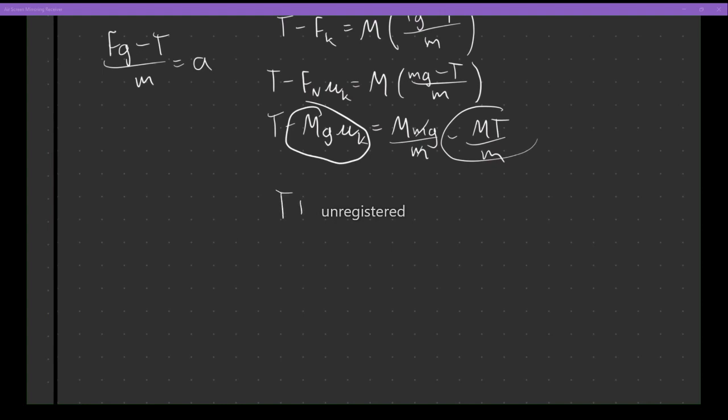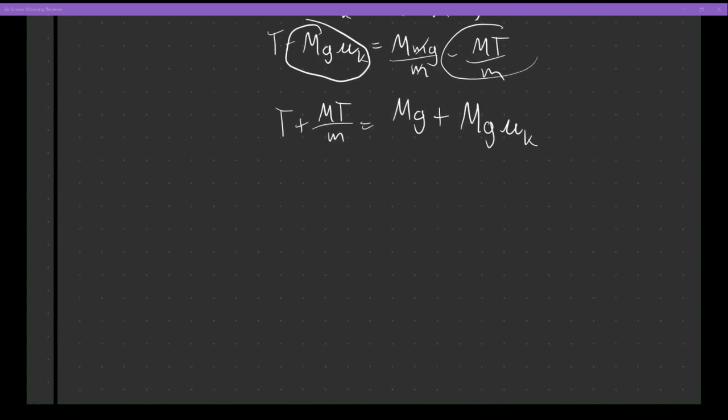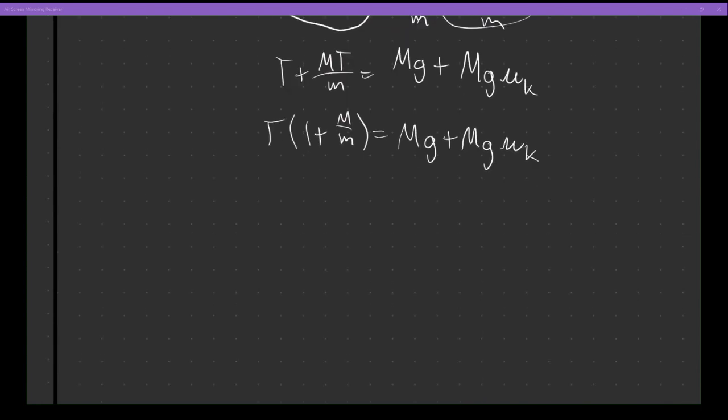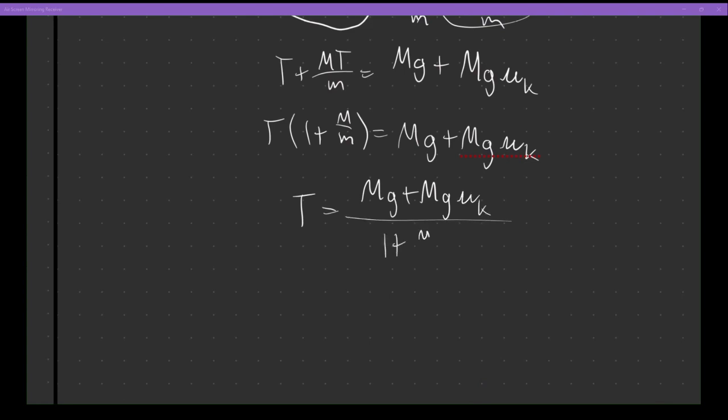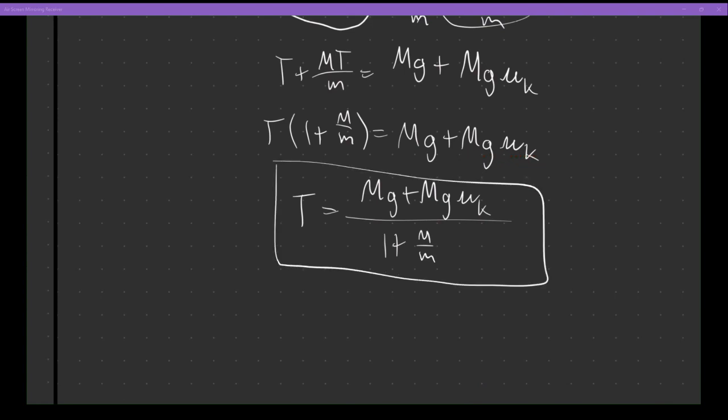So I get T plus big M times T over small m is equal to mg over small m, not M. I'll just get mg plus mg mu K. And then I want to isolate for T, so I'm going to factor out this T. So 1 plus big M over small m is equal to mg plus mg mu K. Divide that over, so I'll just get mg plus mg mu K over 1 plus big M over small m. Answer right there, you can factor out an mg, it'd be the same thing.